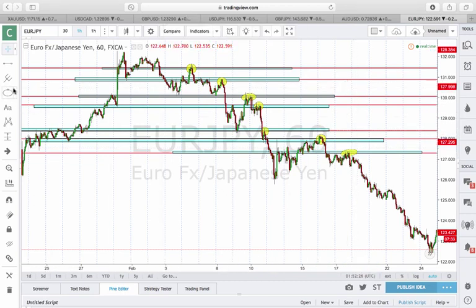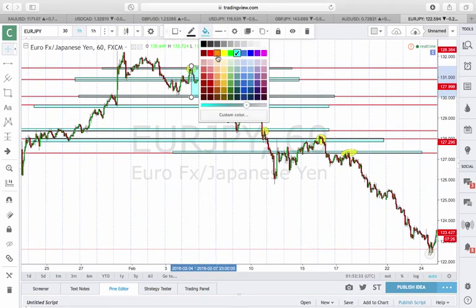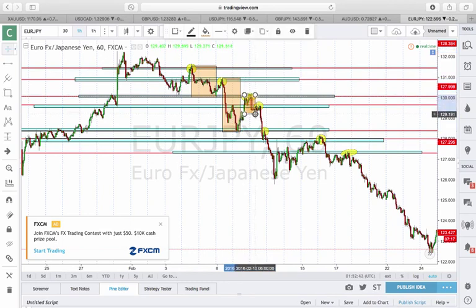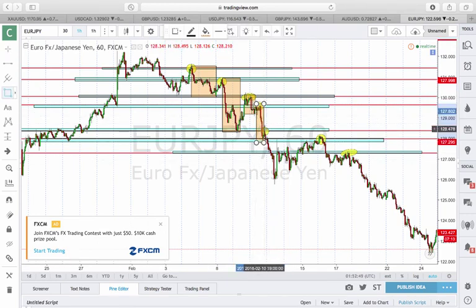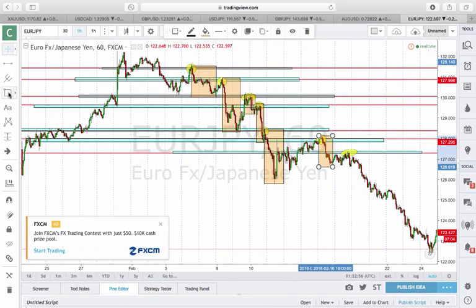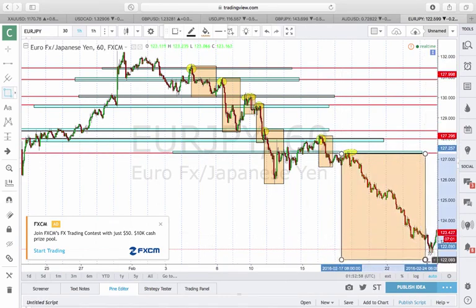I'm going to highlight the areas of the entry so you can see visually every piece that you'd be capturing by utilizing this technique or this confirmation. It allowed me to capture every single piece of the market as long as all my confirmations are in line with everything.